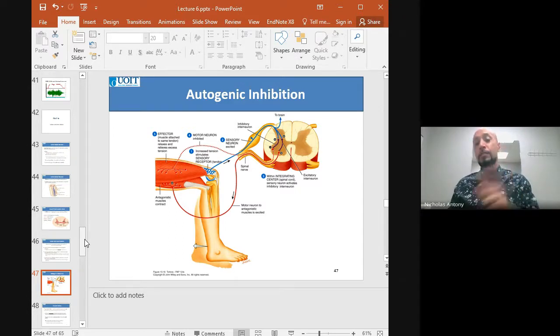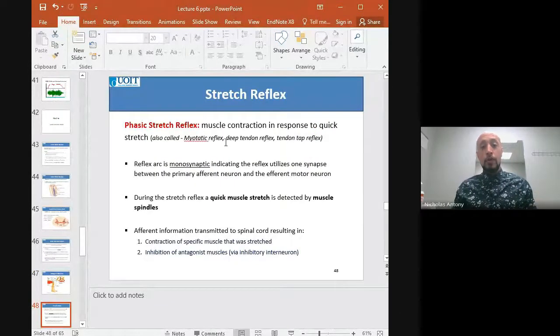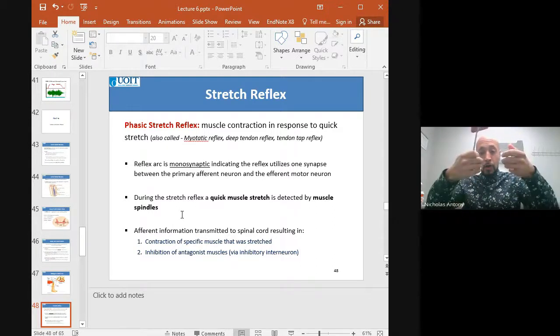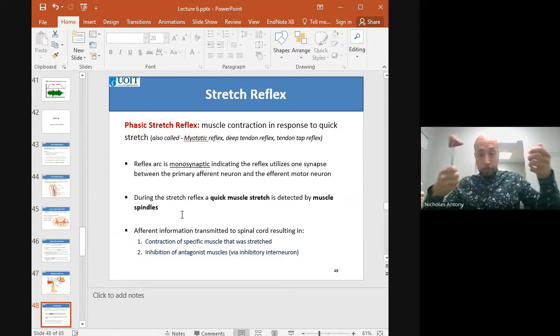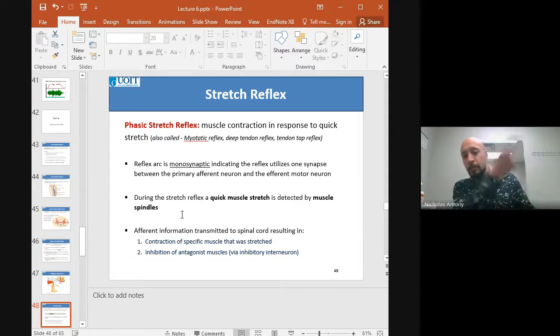Length change and speed of length change, right? So the stretch reflex: if I am going to flex a muscle very quickly, it fights back. When you tap someone's tendon, you are quickly pulling muscle fibers, probably close to the tendon, at a high speed.